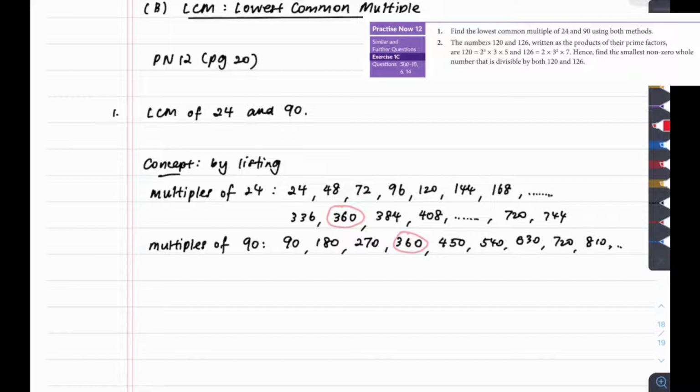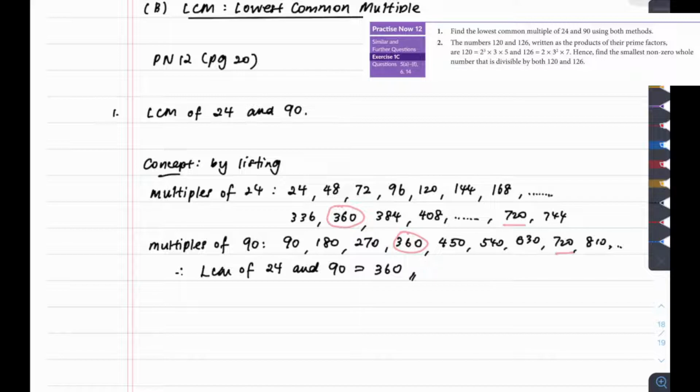So you have your next common multiple of 720. But we are now looking for the lowest common multiple. So the smallest common multiple between 24 and 90 is actually 360. So the LCM of 24 and 90 is equal to 360.